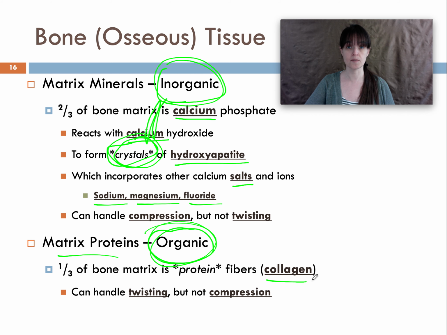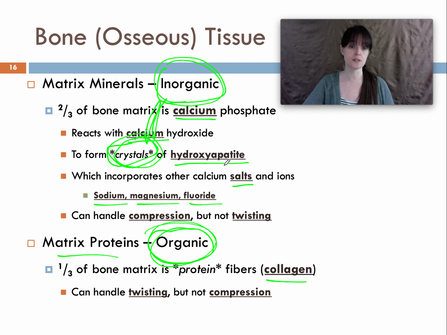So the cells make the collagen. The cells don't make the calcium. You eat the calcium. Okay. Collagen fibers, which are made by the cells, make up about 2% of the bone mass. You may recall that epithelia were cellular tissues, mostly just cells.